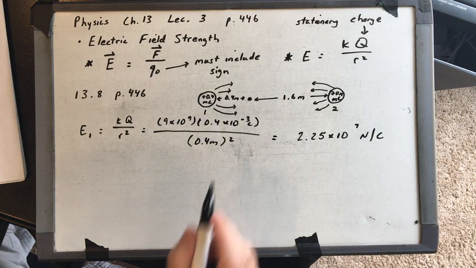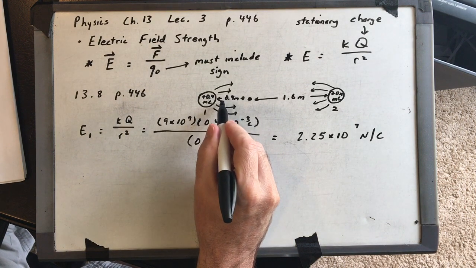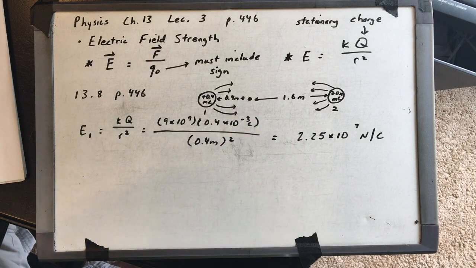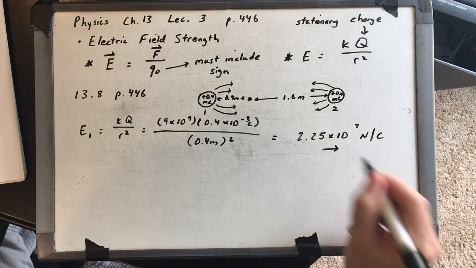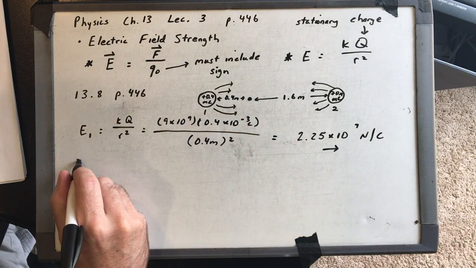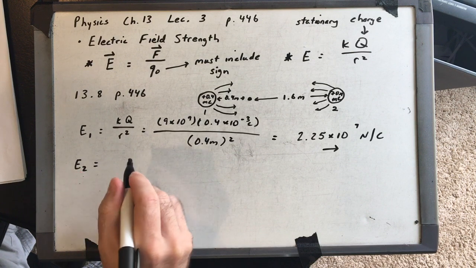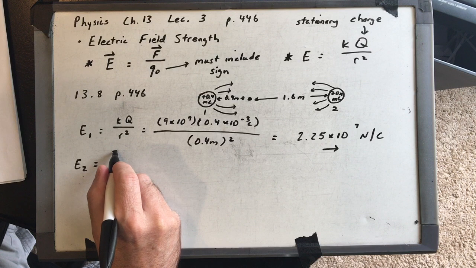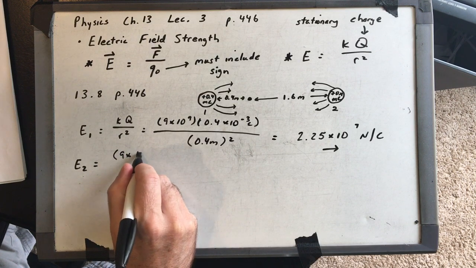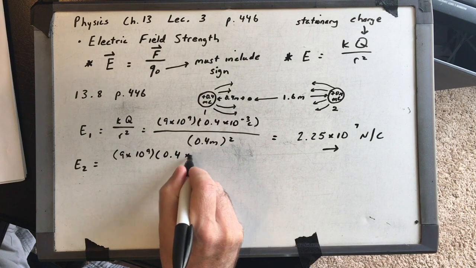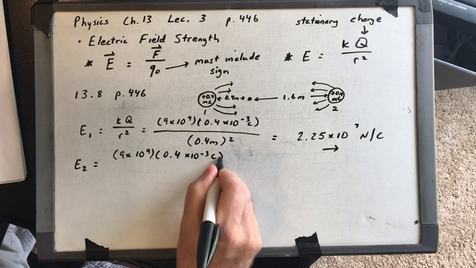Now the direction is really important. Since it's positive, the field lines are pointing out, so it would be to the right. If that were negative, it would be the opposite direction. The field lines would be pointing in. Okay, for the second charge, 9 times 10 to the 9th. The numerator is the same, 0.4 times 10 to the minus 3.